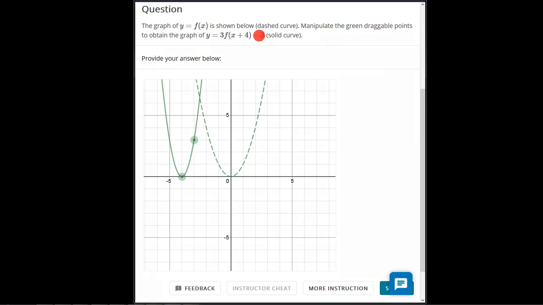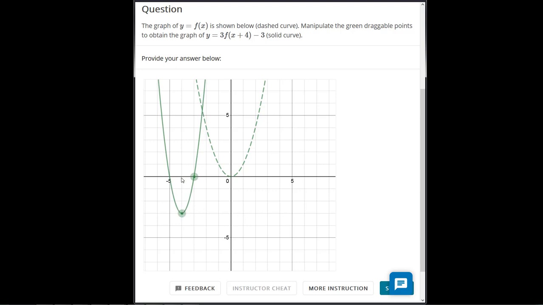And then the last one says we subtract 3. If you have a subtraction on the outside of your function, that means all y coordinates go down by 3. So all of these points are going to move down by 3.